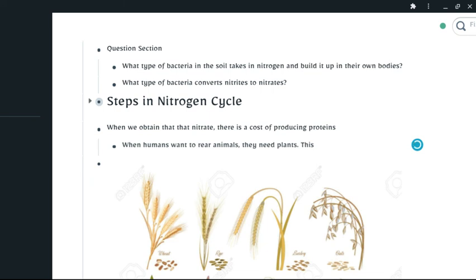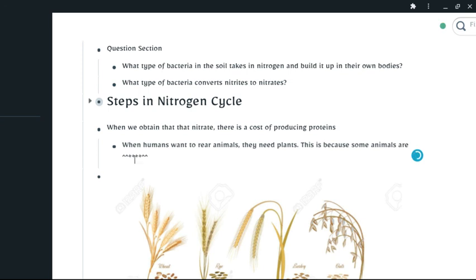What is it called when an animal only eats plants? A herbivore. Right? It's because some animals are herbivores. Herbivores. Carnivores. There we go.